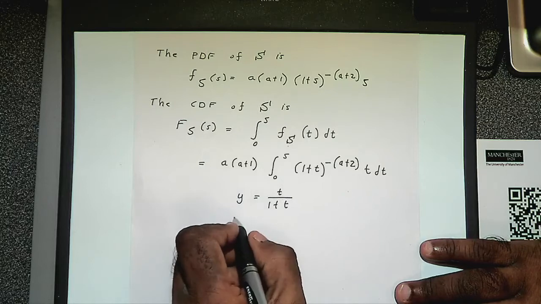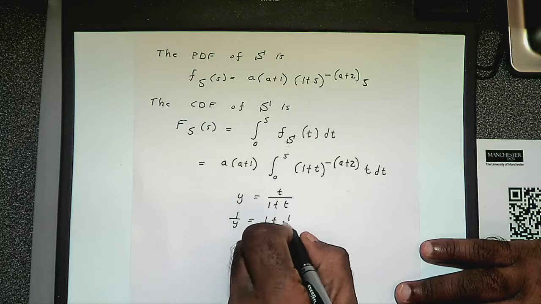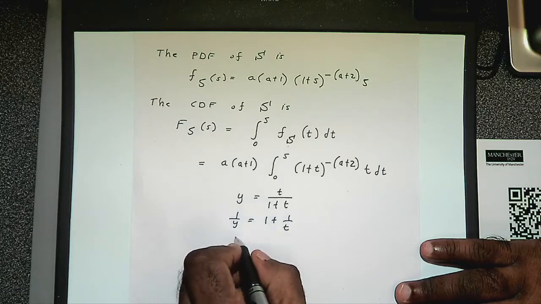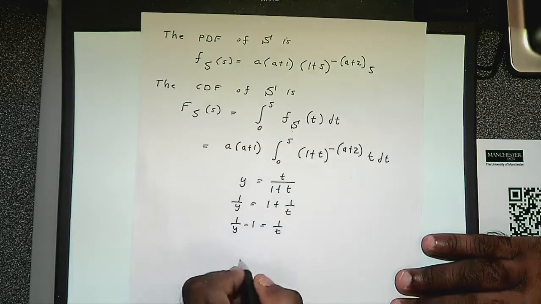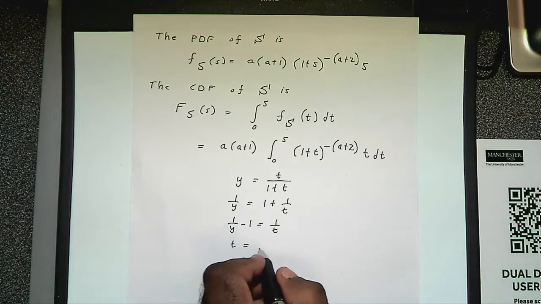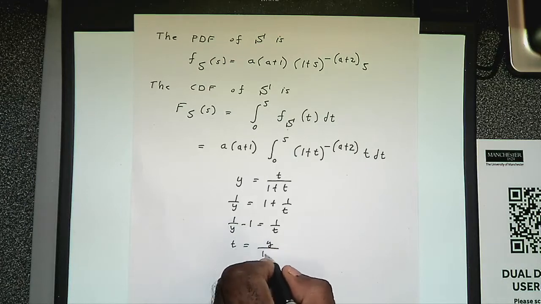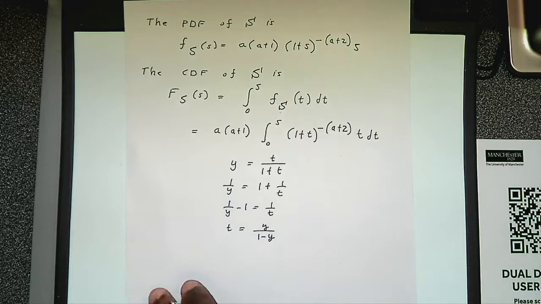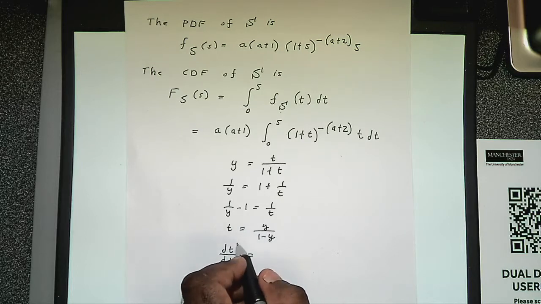So that means 1 over y minus 1 is 1 over t, and t equals y divided by 1 minus y. Okay. Now dt by dy is going to be the derivative of this.